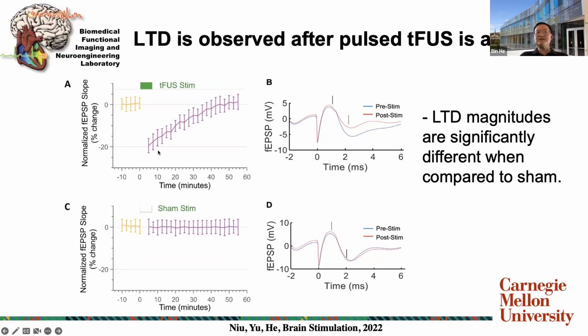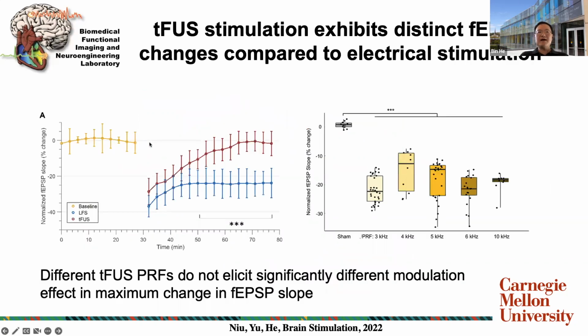So you can see here the slope, which is measured in the fEPSP during this phase, and there's a clear decrease in this slope. We compare this focused ultrasound, in this color, with the blue color, which shows conventional electrical stimulation.